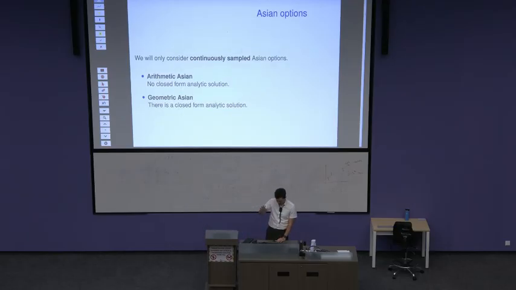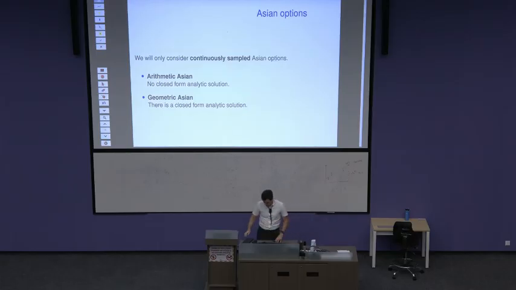so what we will do today is we are looking for solutions for the continuous case, for the continuously sampled Asian option case. Because the other case is a bit trickier to treat. The continuously sampled case is just a very nice theoretical object we can cover with methods from stochastic analysis.